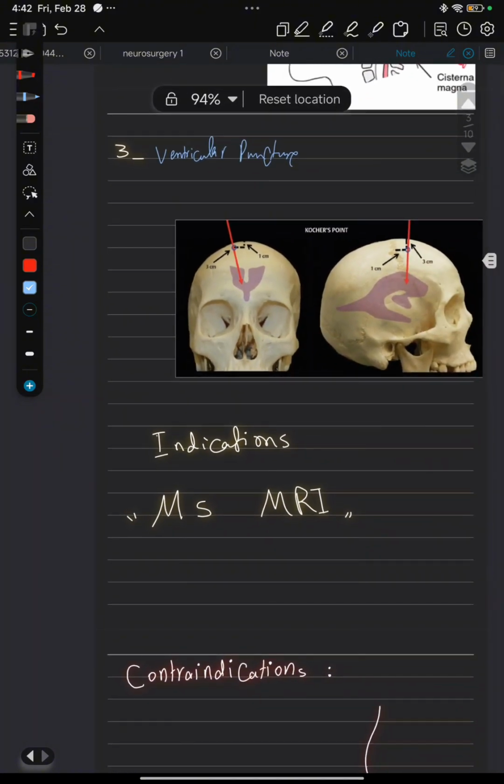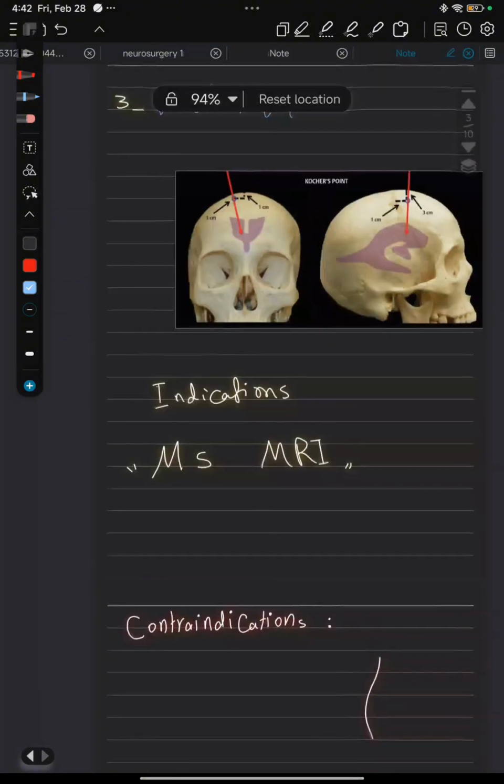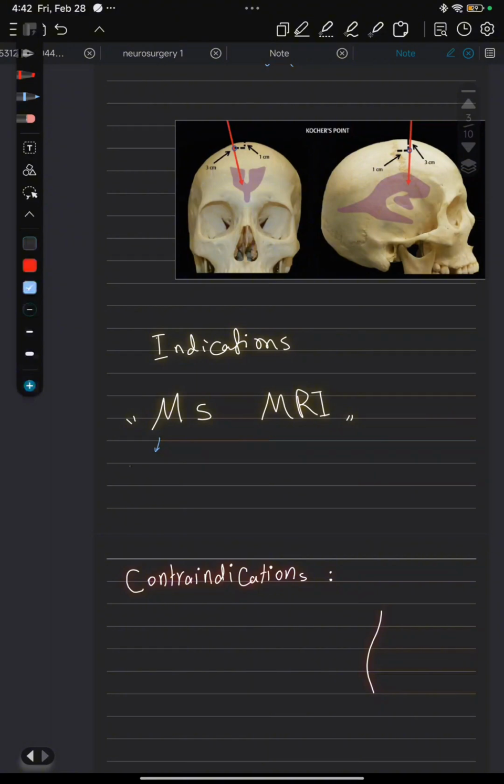So why do doctors examine CSF? Another way we can say, what are the indications for CSF? You can remember them with this mnemonic, MISS MRI. M stands for meningitis, while S stands for subarachnoid hemorrhage.